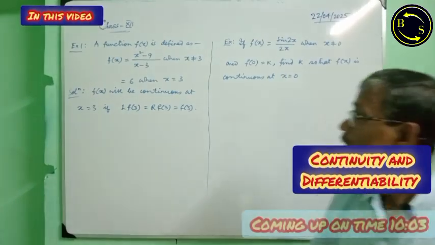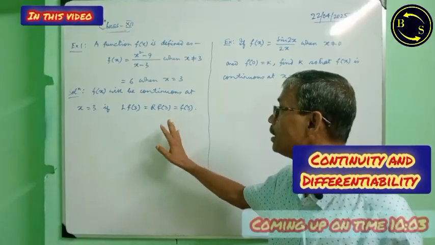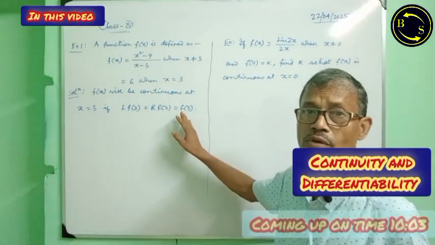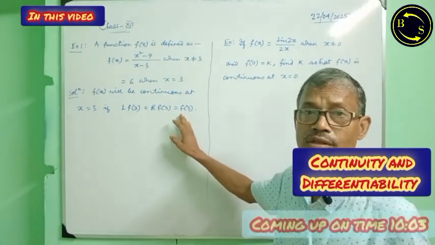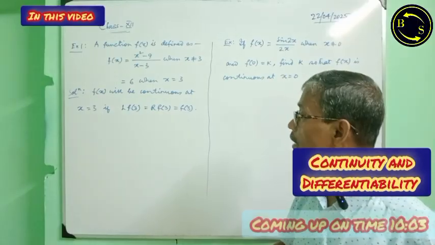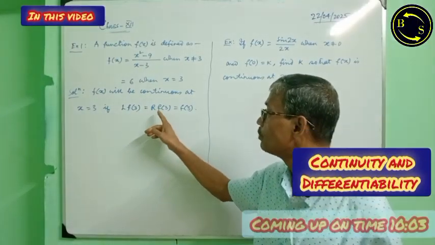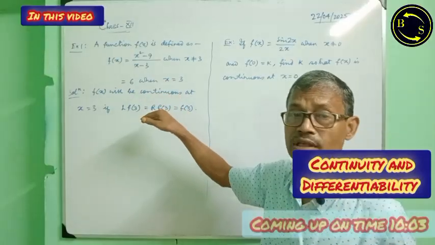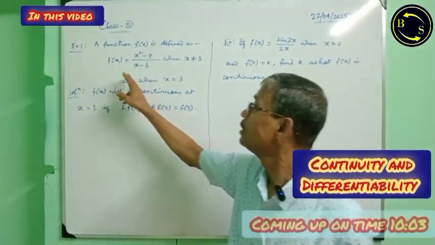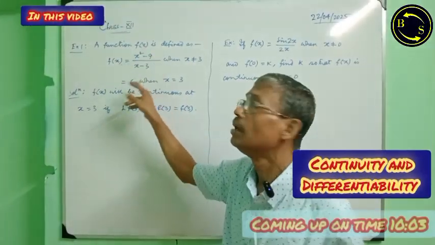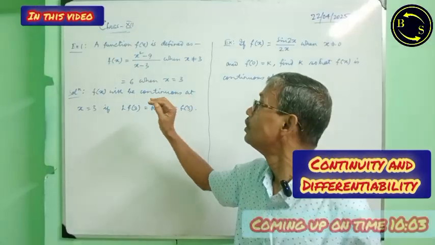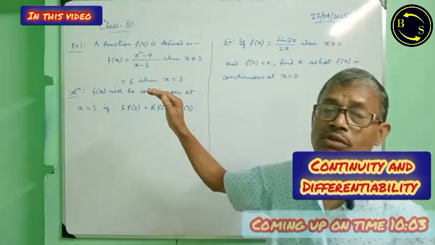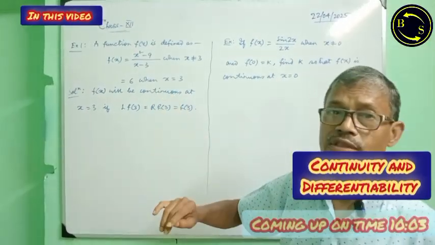Left hand limit will be equal to right hand limit, that is equal to the value of the function at the given point. Now left hand limit and right hand limit will be equal in this case, since the function is algebraic form. Also after simplification we get a polynomial function.